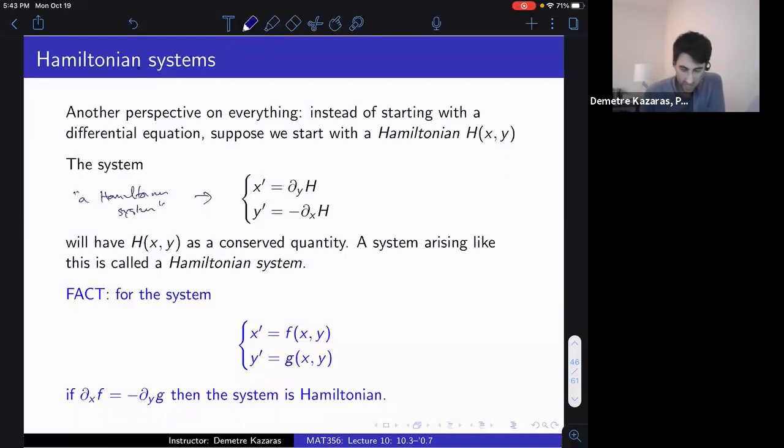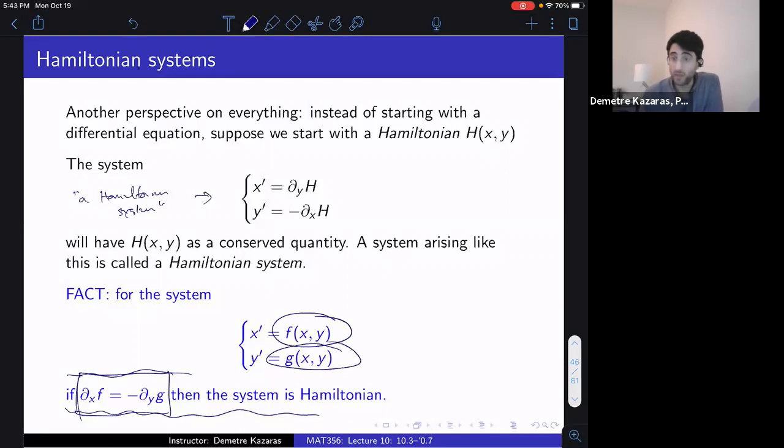And how can you detect whether or not some random old nonlinear system is Hamiltonian or not? Whether you can realize the system in this way. Well, all you really need to check is this one equation. If you take the x derivative of f, and if that is equal to negative the y derivative of g, then the system is Hamiltonian.